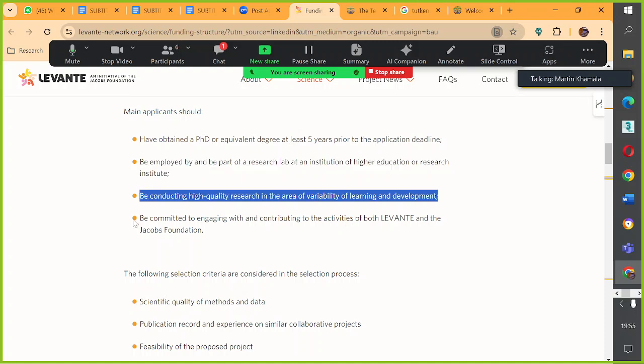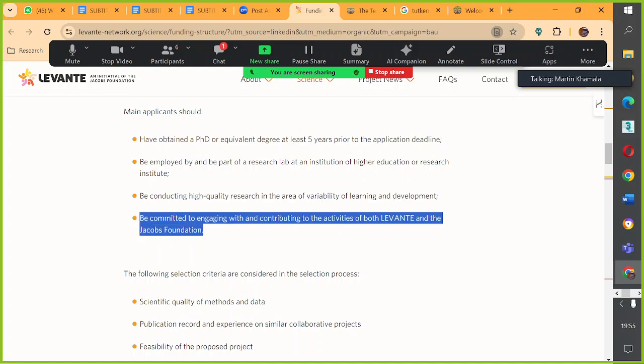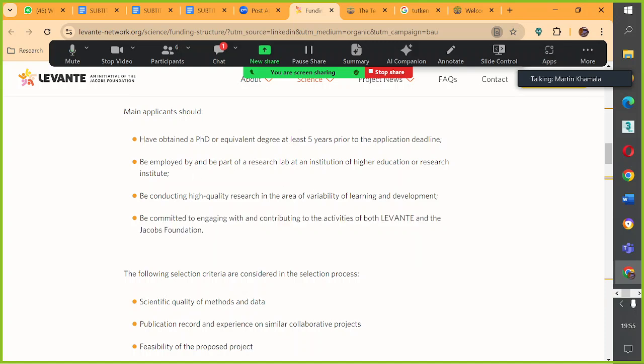Be conducting high quality research in the area of variability of learning and development, and be committed to engaging with and contributing to the activities of both LEVANTE and the Jacobs Foundation. I suppose this last one is just a kind of commitment statement. So the main ones are the first 3 for the main applicant.